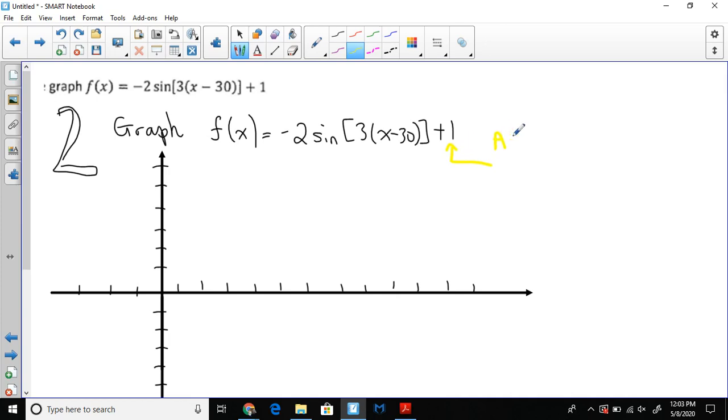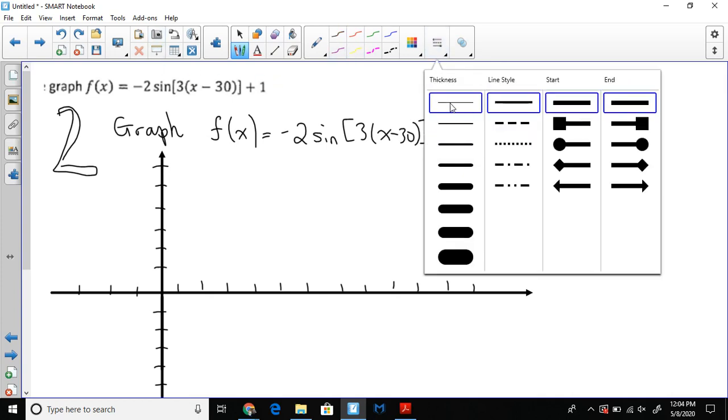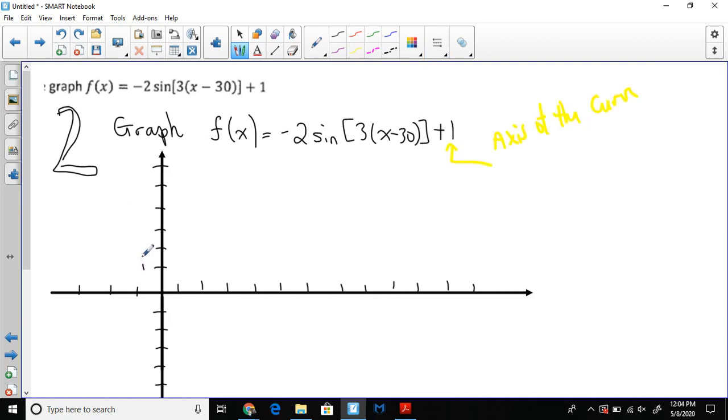So if we establish the scale, this will be 1, 2, 3, and so on, -1, -2, -3. That means my axis of the curve is going to be at y equals 1. So that's right here.